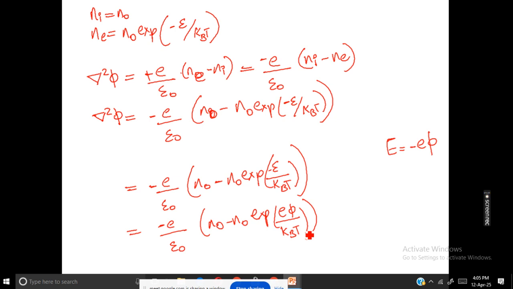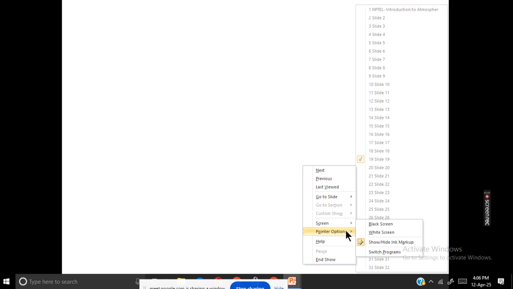Now assuming the value of e phi is very much less than kB T, the exponential of e phi by kB T can be written as 1 plus e phi by kB T. So it will reduce to del square phi is equal to e square N0 by kB T epsilon 0 into phi.